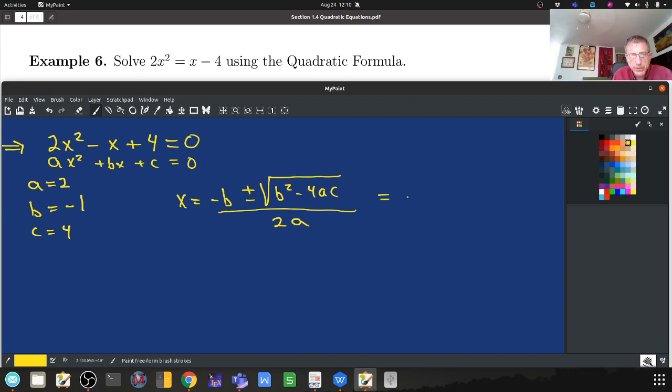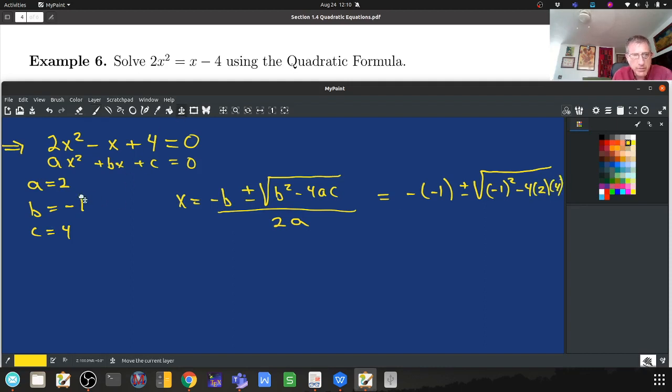So that's equal to minus 1, because b is minus 1, plus or minus the square root of b, which is minus 1, squared minus 4 times my a, which is 2, and my c is 4.